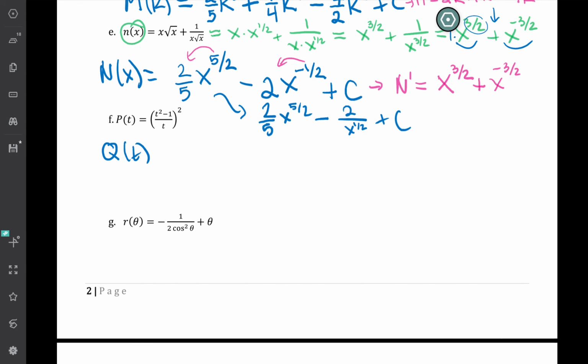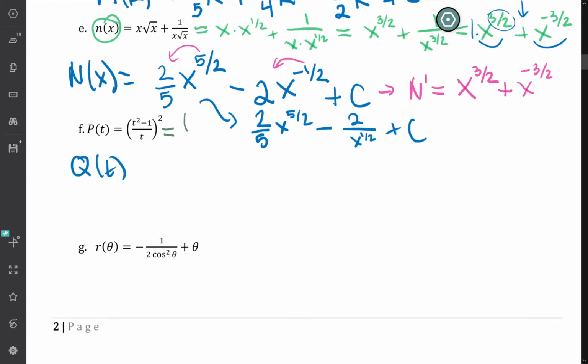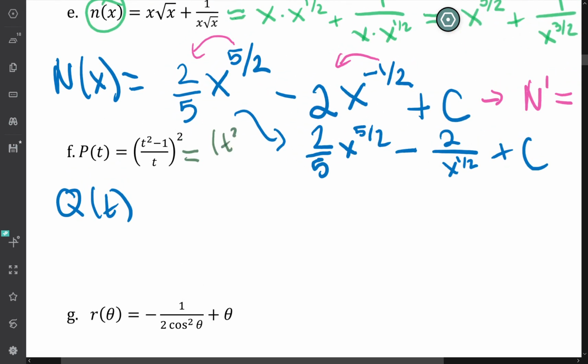Okay, so, I'm getting a little scrunched here. With this one, there's a couple of things that need to happen. So, I don't know what order we want to do this in. Let's do this. If we are squaring the whole fraction, we can split that up and say this is the same as t squared minus 1 squared over t squared.